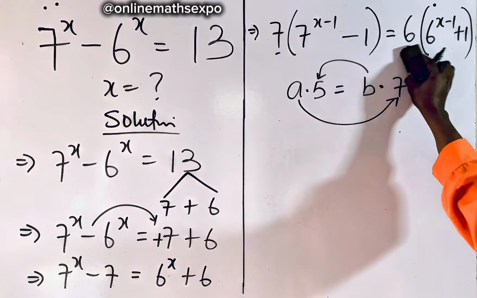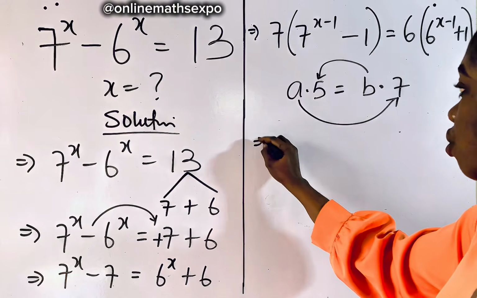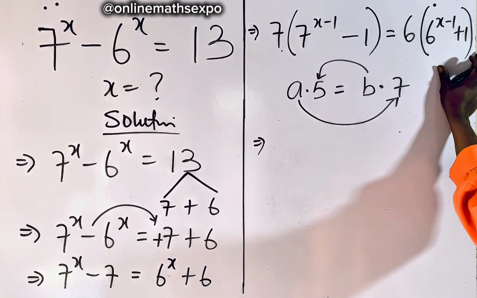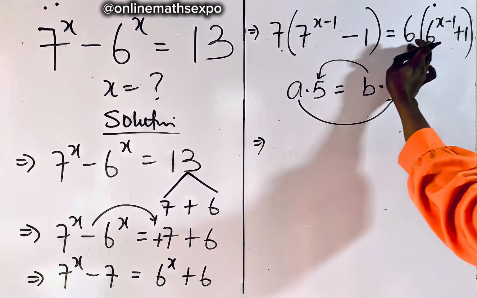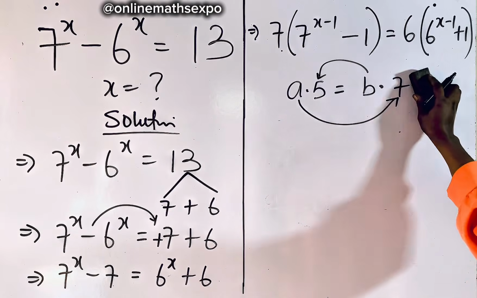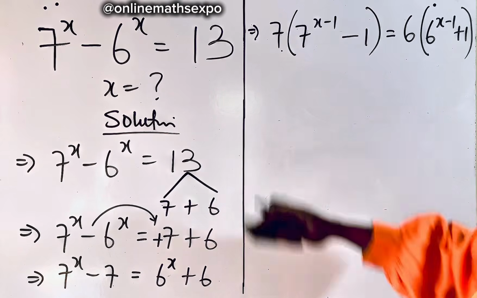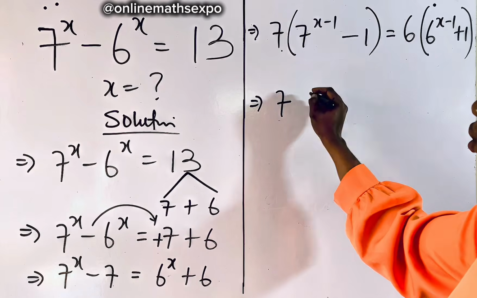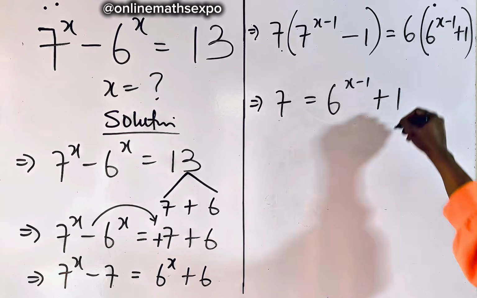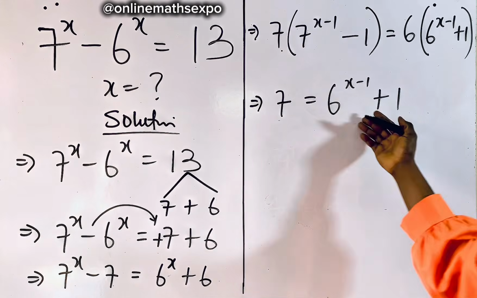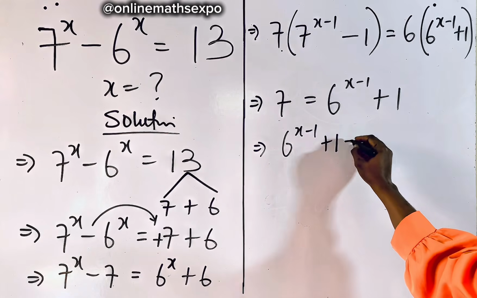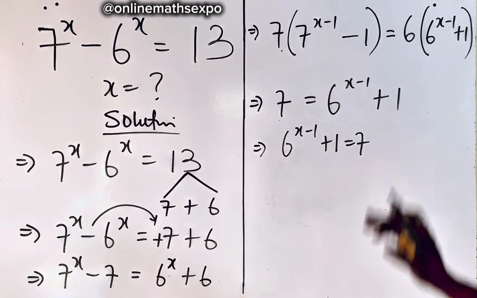So we can quickly say that 7 is going to be equal to this expression, and then this expression will be equal to 6. So if you do that quickly, we are going to now have 7 will be equal to 6 to the x power minus 1 plus 1. Now this is the same as saying 6 to the x power minus 1 plus 1 is equal to 7. Let's do this first.